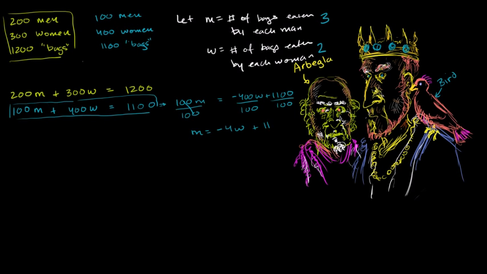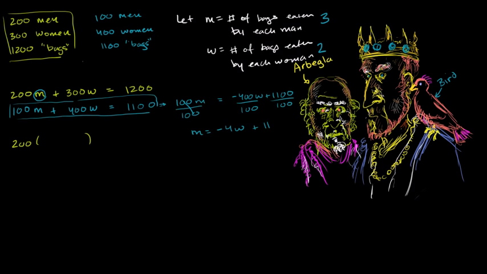This is what the bird is saying using the king as his translator. Why don't we take this constraint and substitute it back for m in the first equation, and then we will have one equation with one unknown. And so the king starts to write at the bird's direction, 200. So he's looking at that first equation now. He says 200, and instead of putting an m there, the bird says, well, m, by the second constraint, m is equal to negative 4w plus 11.